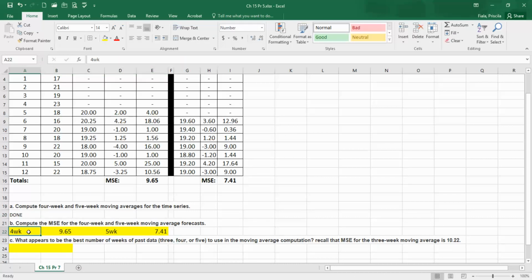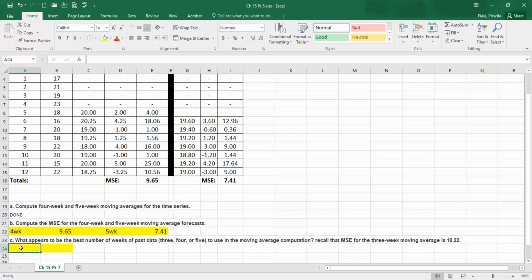Then there's your MSE, and the question was asking which one appears to be the best number of weeks of data. Well, we are including 3 weeks, which is 10.22. We're looking for the smaller mean square error value. So 10 seems to be the highest. And then we have 9.6 for 4 weeks, and we have 7.41.